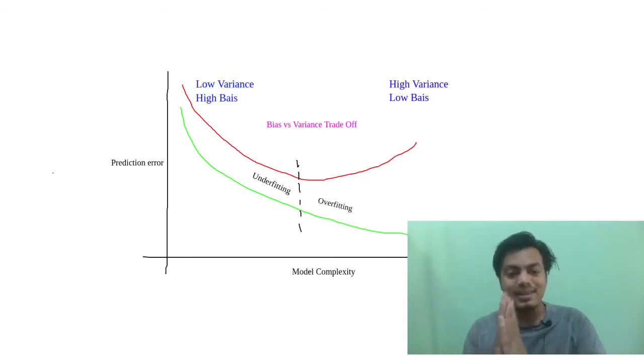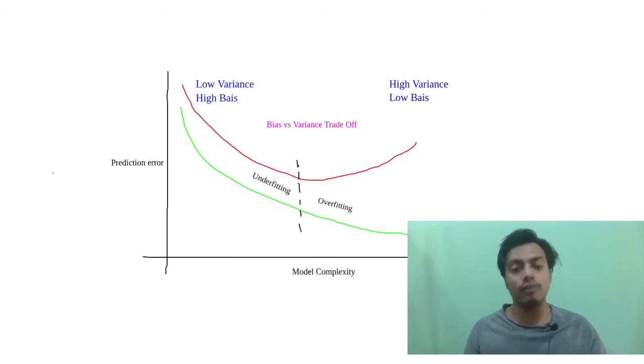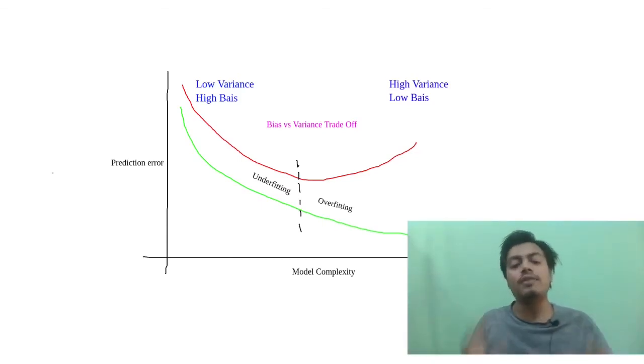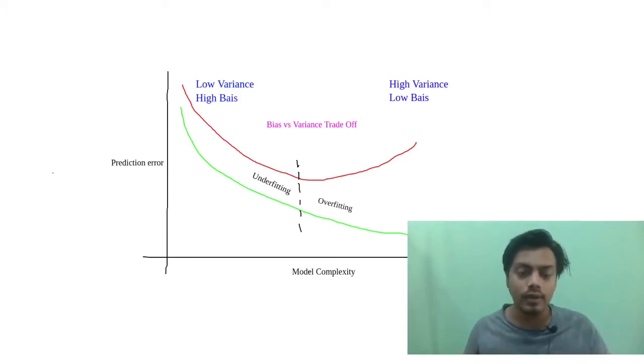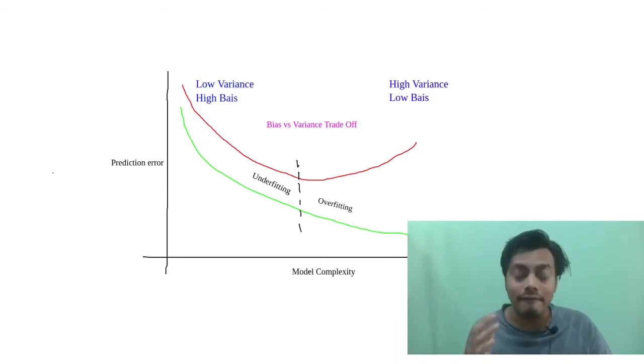All the area on the left side of that point comes in the underfitting zone, and all the area on the right-hand side comes in the overfitting zone. In the underfitting zone, the bias is high and the variance is low. In the overfitting zone, the variance is high and the bias is low.